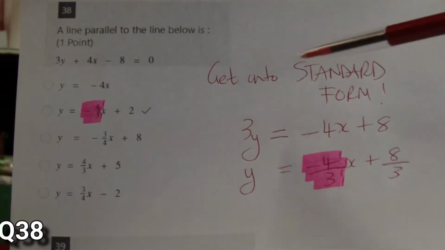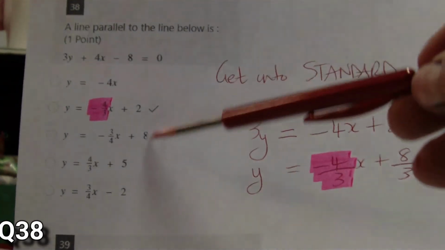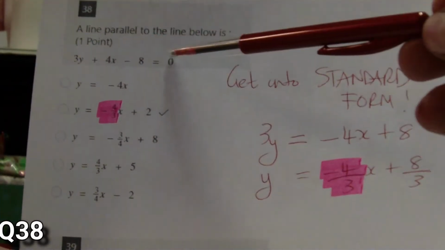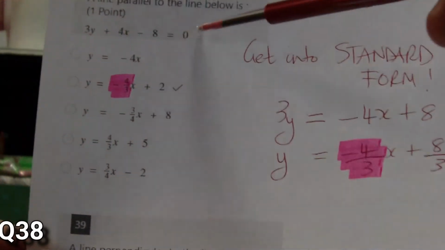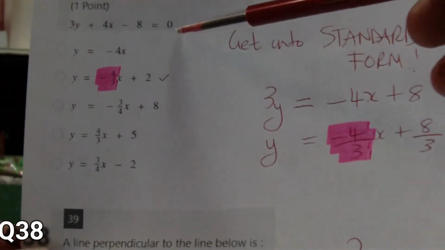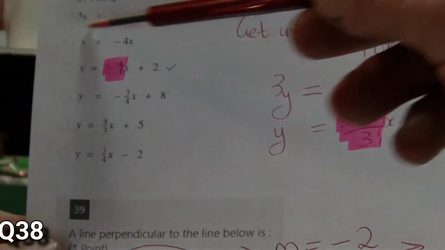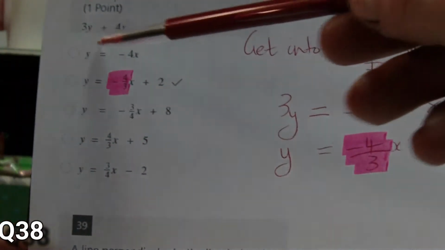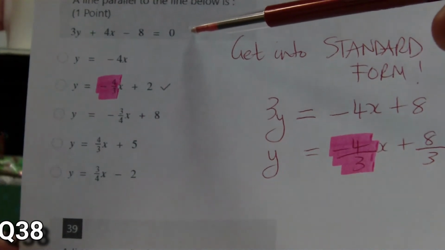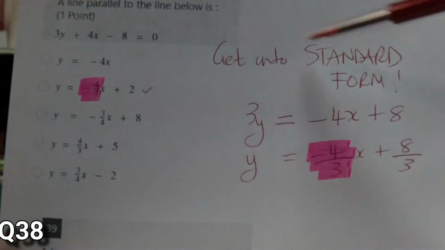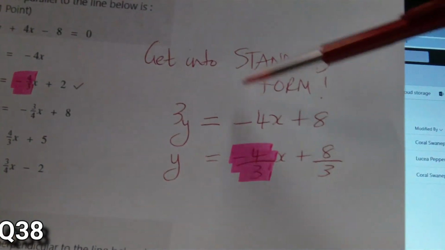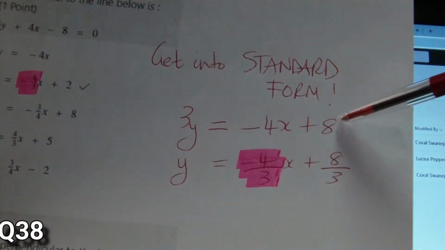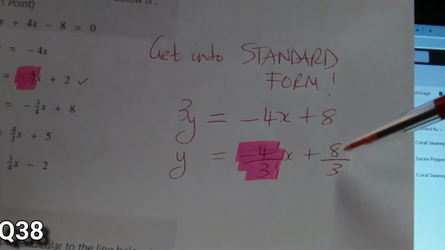Again, they want to know which one of these lines here is parallel to this one. Is this in standard form? No. So I have no idea what the gradient of this line is. So your first job is to get this equation into standard form. Same thing again. Get the y on its own, x's and constants, divide everything by 3.